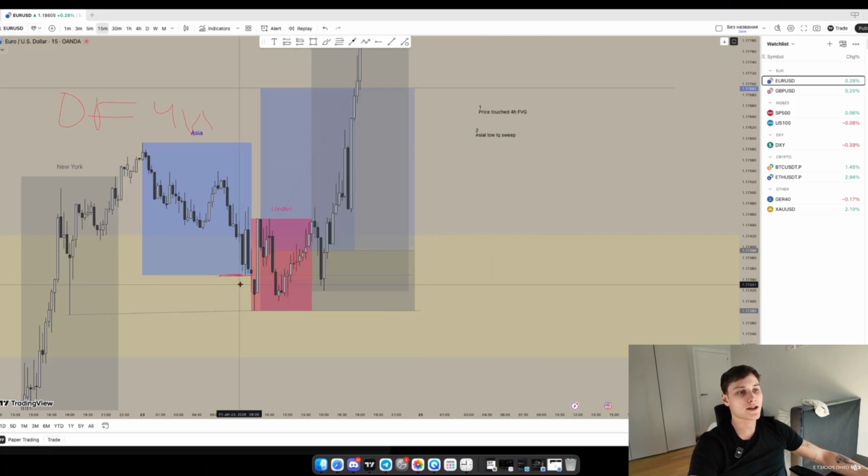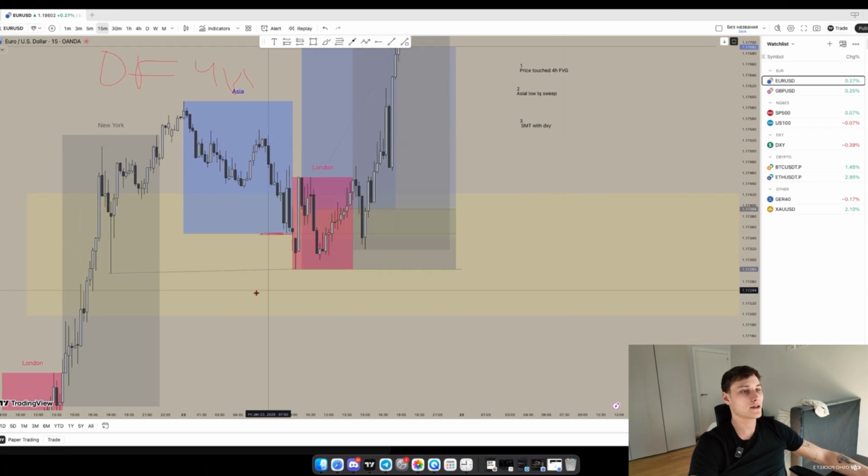That means that after London's opening, the price worked with the liquidity of the Asian session and showed us the reaction. The third one is the SMT with DXY, which means the price also swept these fractals over here. This is additional liquidity, so these are strong arguments for going longs anyway.